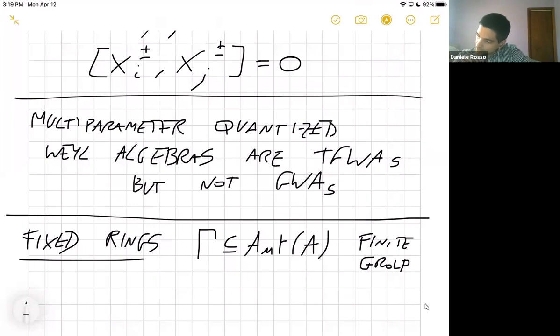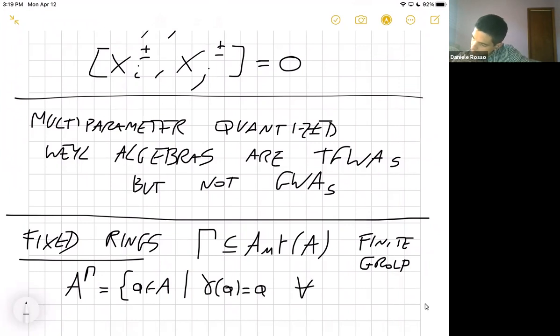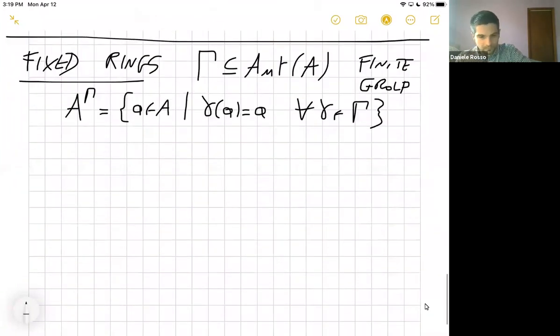And I'm interested in knowing what the fixed elements are and what properties they have. Is it still going to be an algebra of the same kind or not? So A upper gamma is the set of things that are fixed by all the elements of this group of automorphisms.